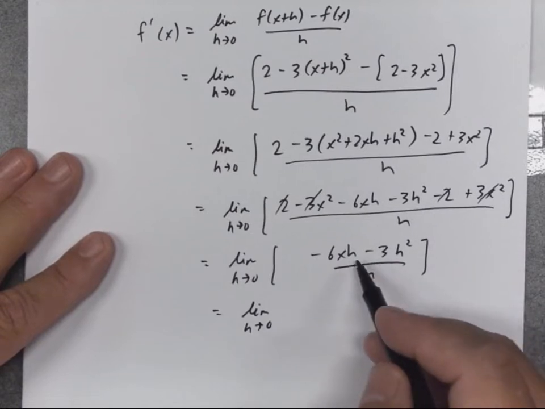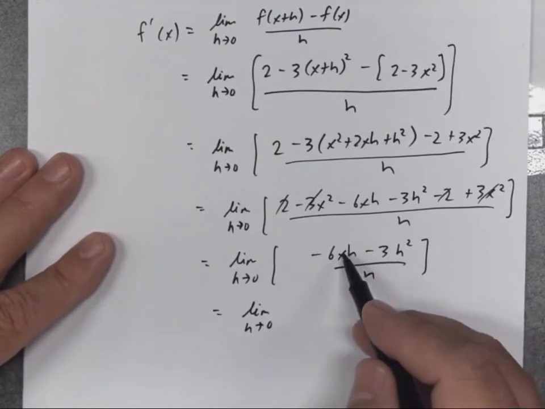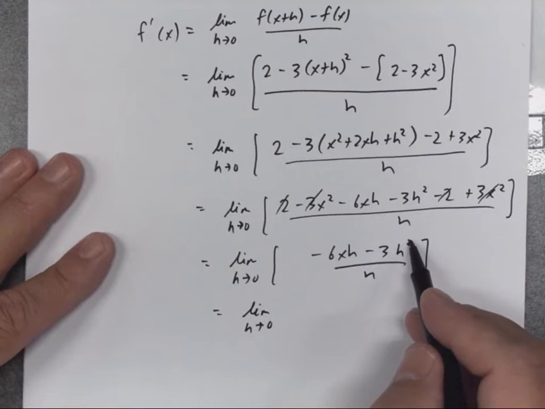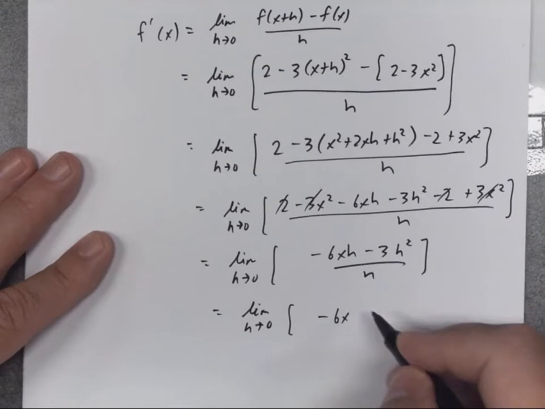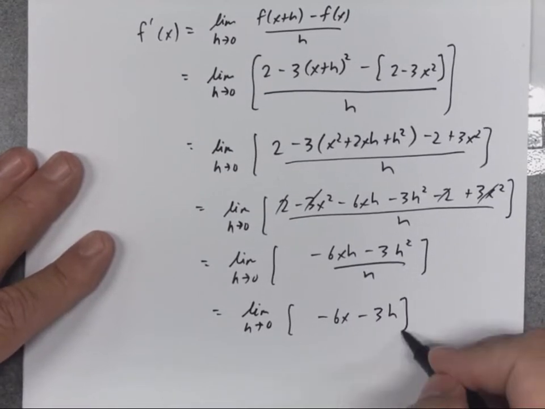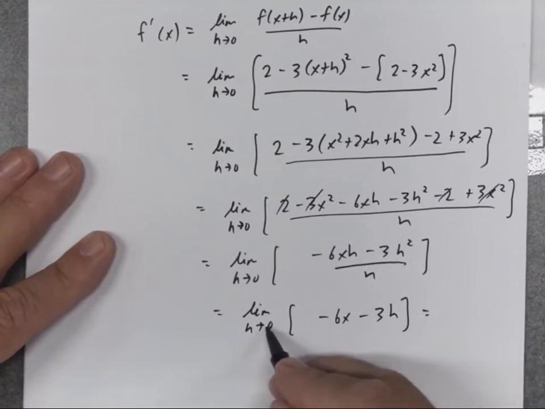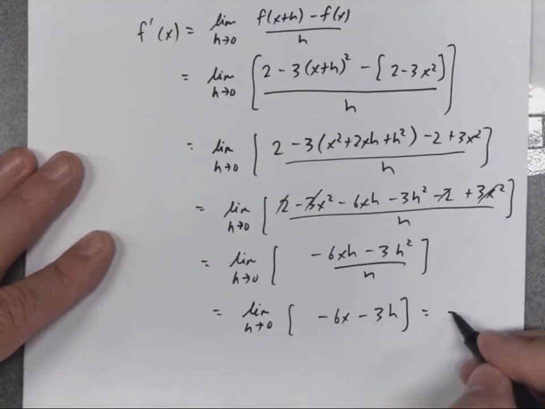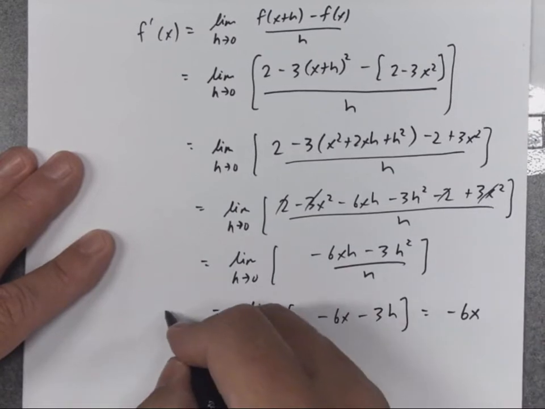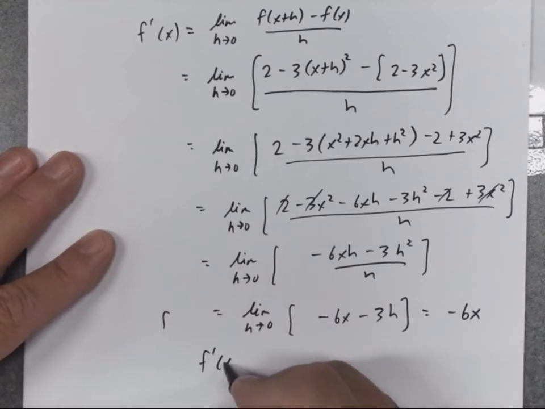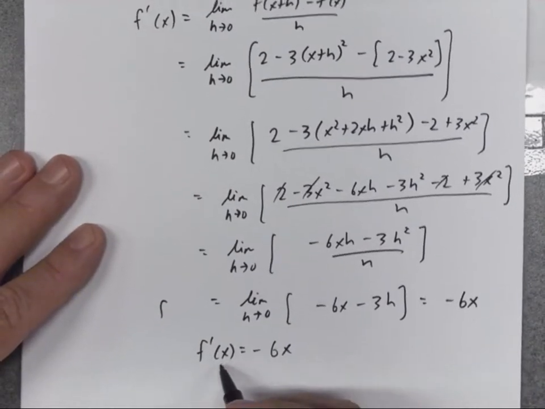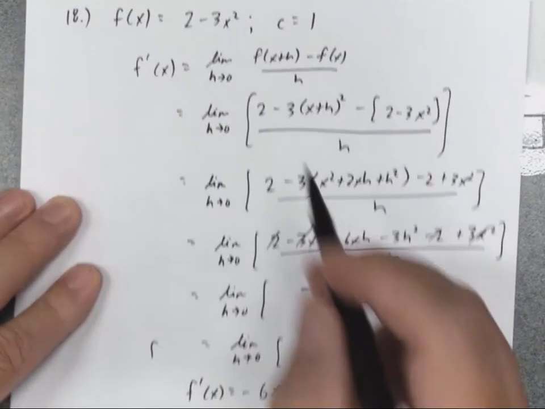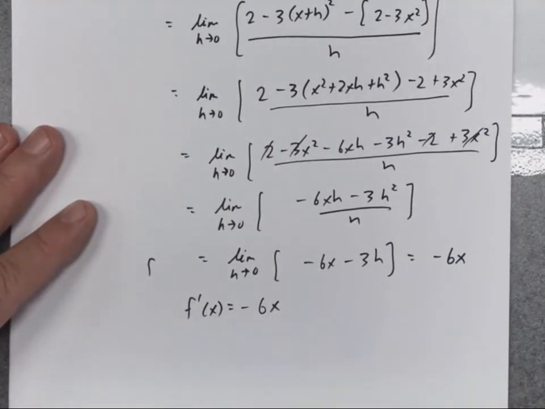And normally at this step, a lot of times this h will cancel out. So I got an h here, h squared here, and h here. This reduces down to minus 6x minus 3h. Now when I take the limit, if I set h equal to 0, the derivative of this function is negative 6x.